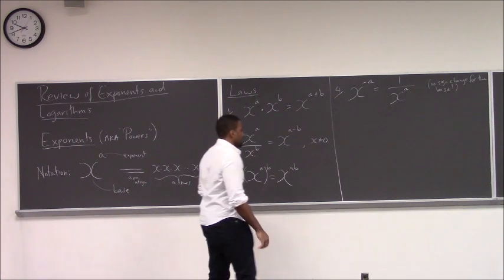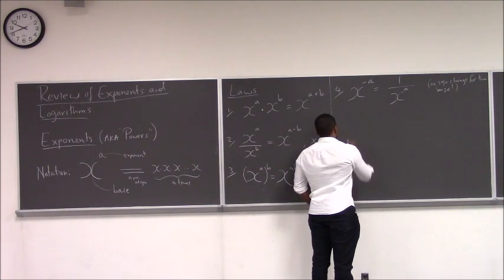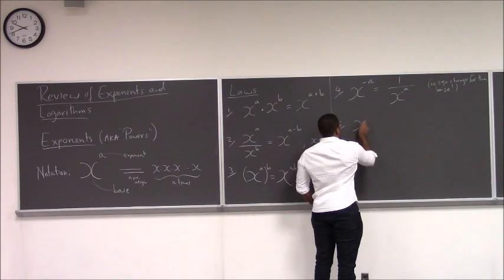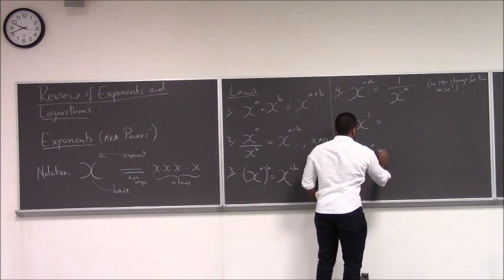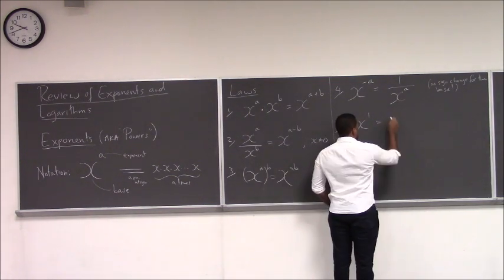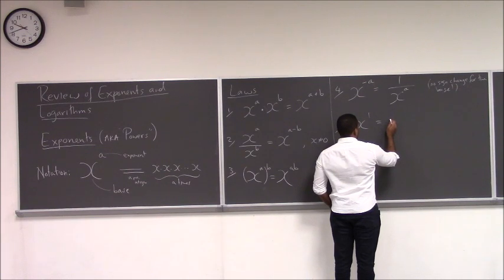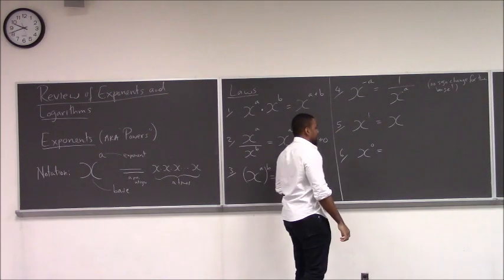All right, and another one, five, about things like this. X to the 1 is just x. It's like you're multiplying x by itself one time. What about x to the 0?